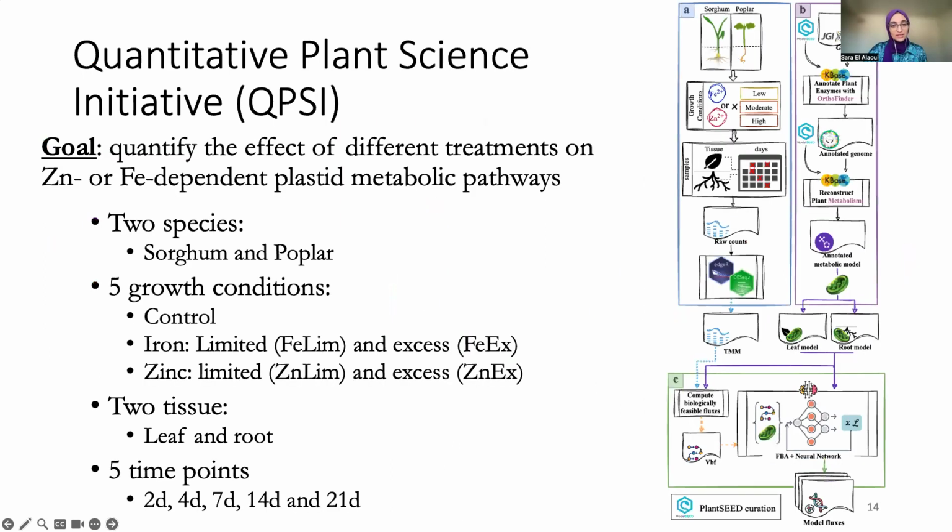Yeah, so I didn't talk about micronutrients here, but it was part of the pipeline. In order to fully integrate that, what you need to do is actually know which enzymes bind which micronutrients. With iron and zinc, it's really hard to find that information in databases because experimentally it's hard to know, or it's expensive.